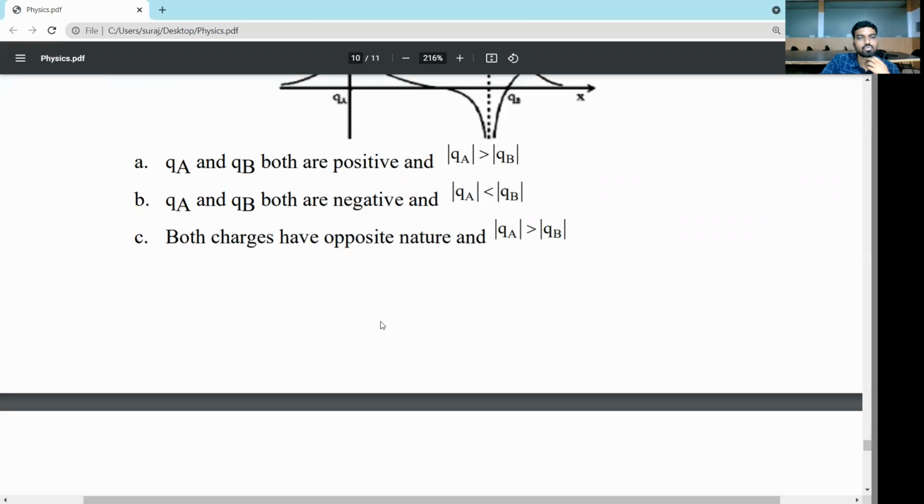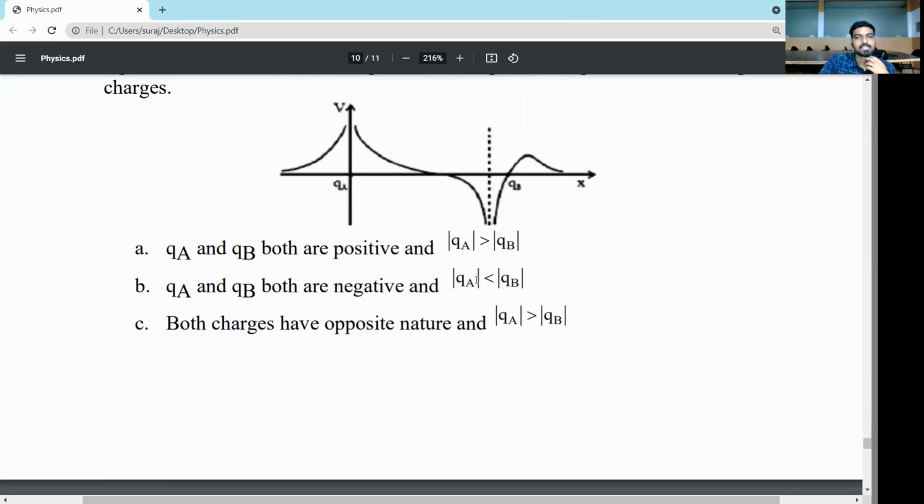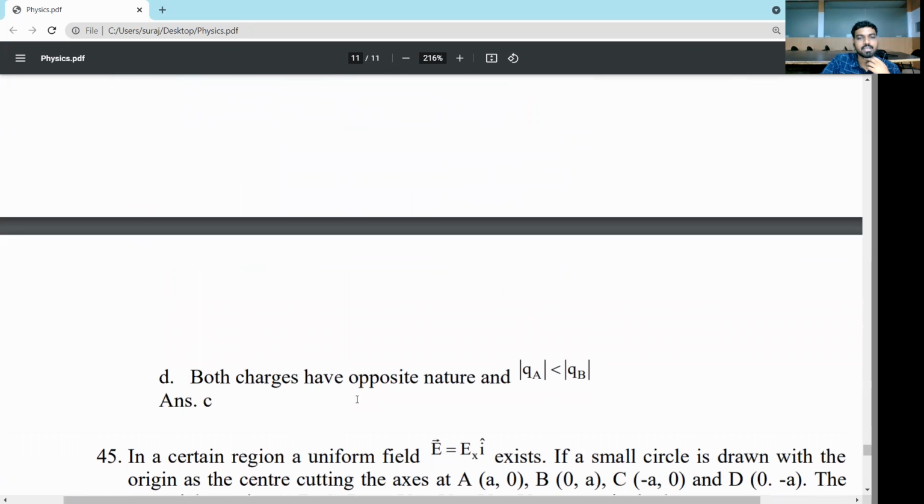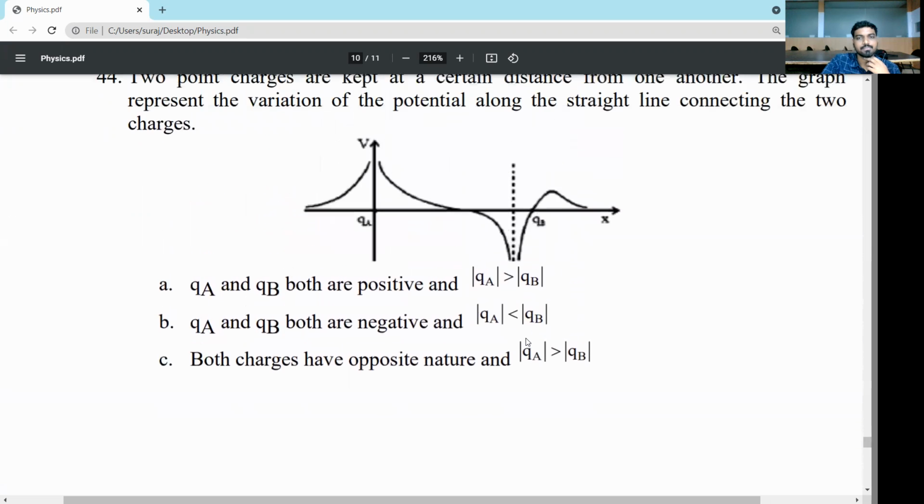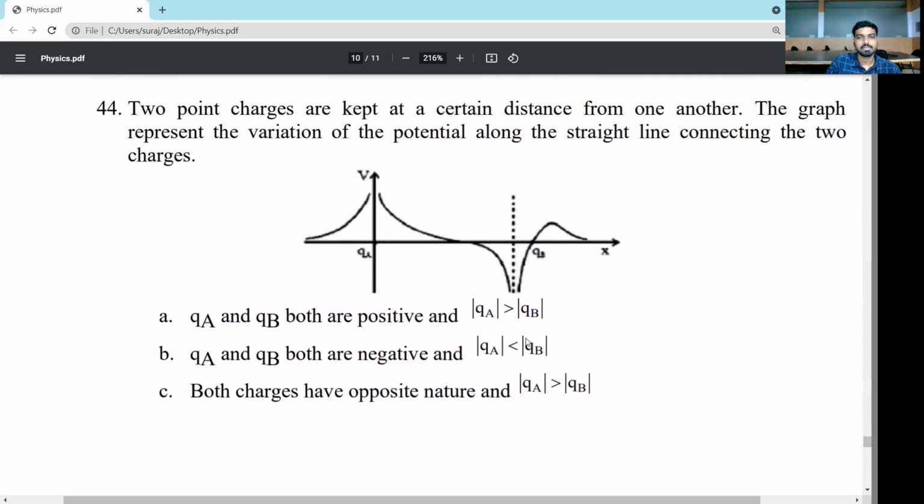Option 1: QA and QB both are negative, and QA is lesser than QB. Both charges are positive, QA is greater than QB. Both charges have the opposite nature, QA is lesser than QB. See here, potential near QB is negative, whereas near QA, potential is positive.